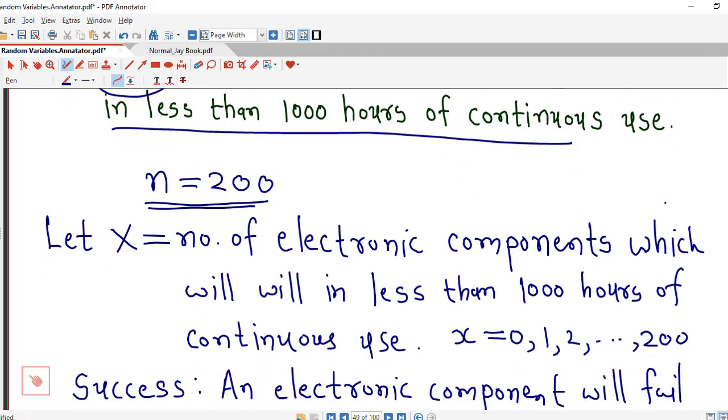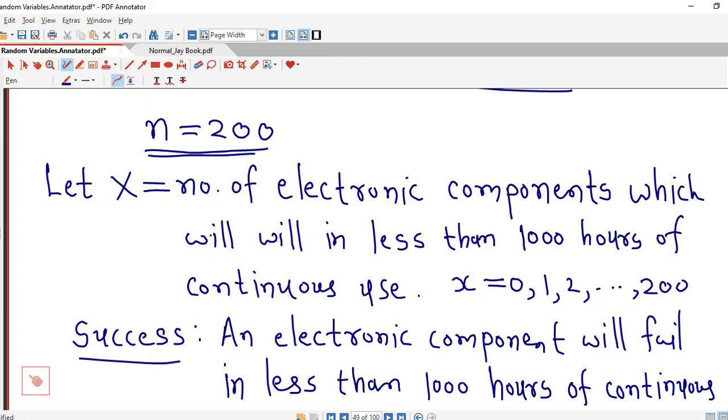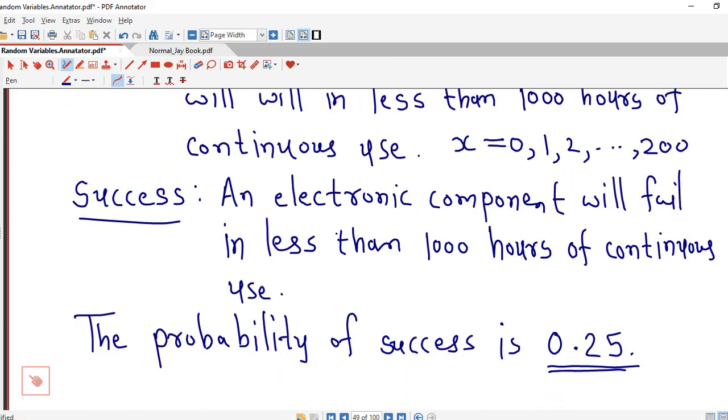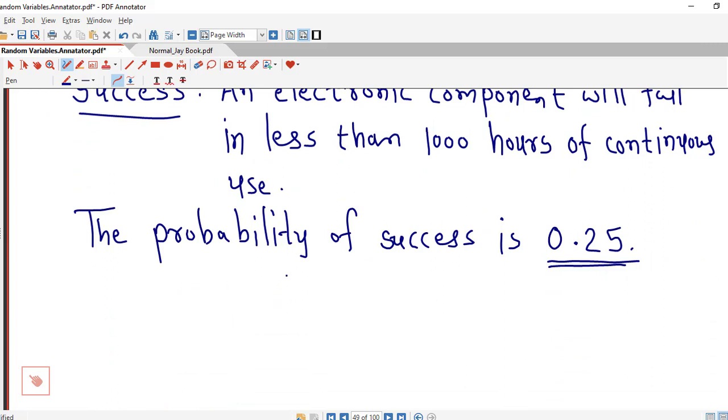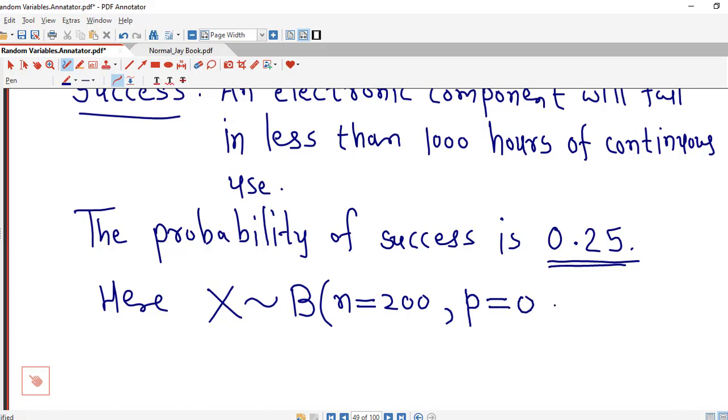Here the number of electronic components which will fail in less than 1000 hours of continuous use is a discrete random variable, and because all the conditions of binomial probability distribution are satisfied, this is a problem of binomial probability distribution. So here capital X is a binomial random variable with n equal to 200 and probability of success p equal to 0.25.